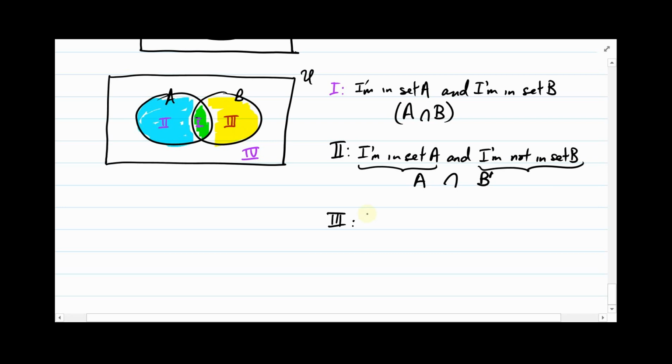The answer will be no, I'm not in set A. And at the same time, I'll ask, am I in set B? Yes, I'm in set B. So here I'm not in set A, so I'm in A complement, and I'm in set B, so I'll be in A complement intersected with B.